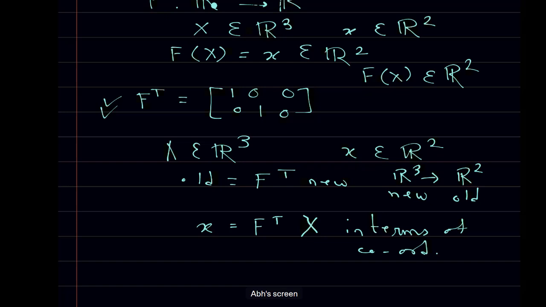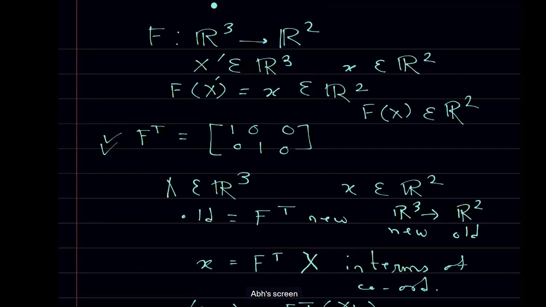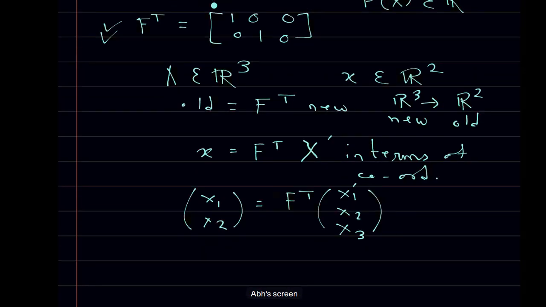So better I write it like this: x1, x2 is F transpose times capital X1, X2, X3. Okay, so why don't I just do it with X prime capital, so that would be better. That will be better, so that I can put prime here, here, and here.